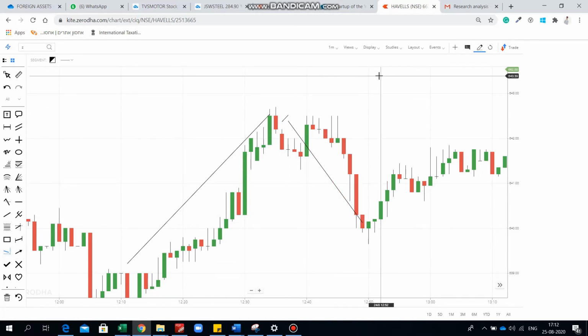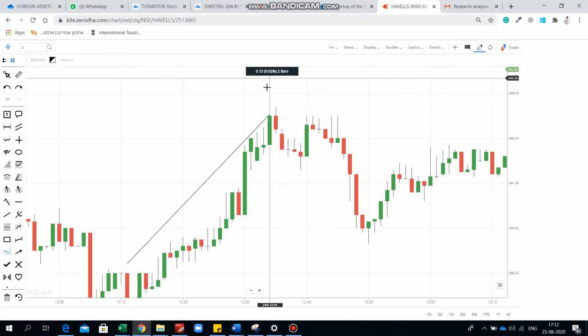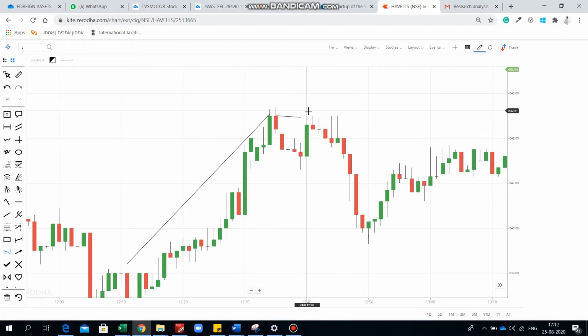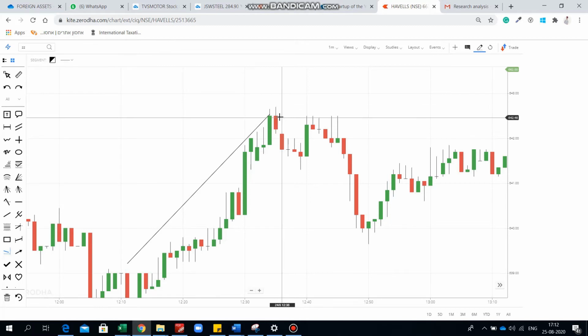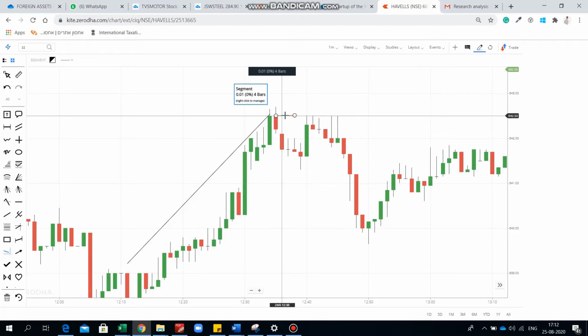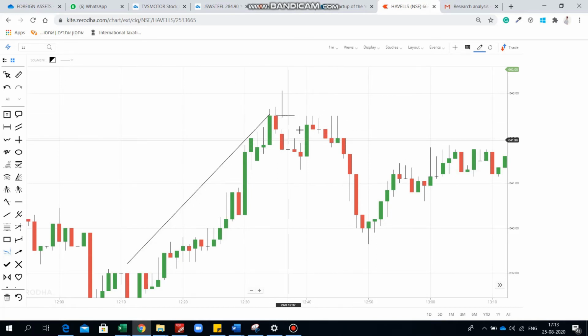So what would have happened if there was a Gravestone Doji formed? Let's say there is a Doji formed at this point, after this preceding uptrend.